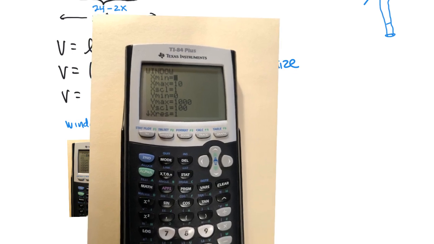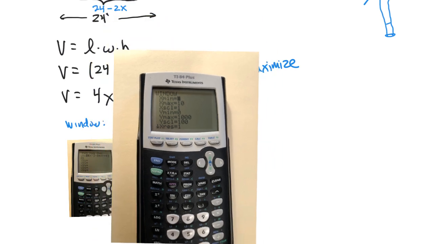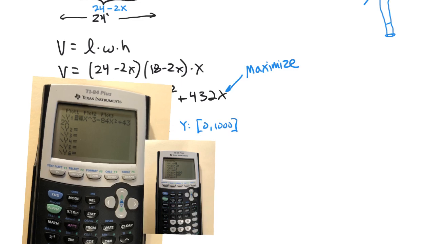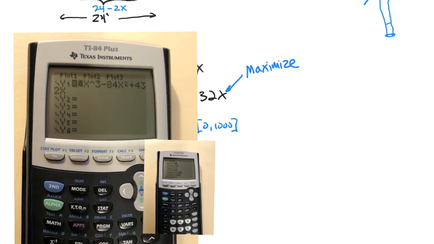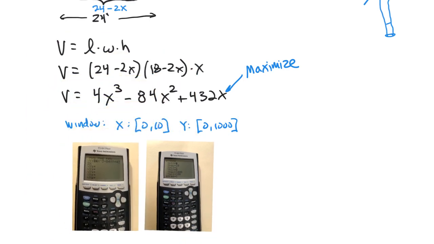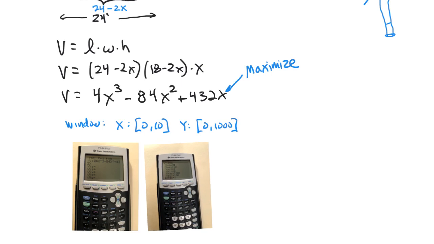It's covering up the 0 on the x minimum, but 0 to 10. Here is the graph. Make sure that none of your plots are highlighted. If you have any of these plots highlighted up here, just use your cursor to go up to that and hit enter to turn them off. We don't want any plots highlighted.